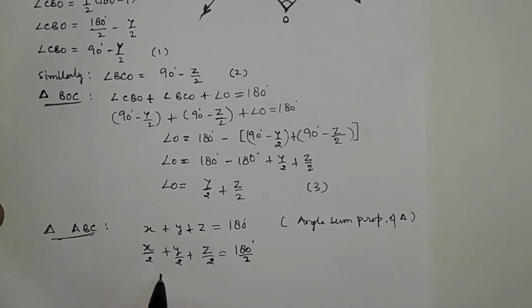So you can say x by 2 plus y by 2 plus z by 2 is equal to 90 degrees.